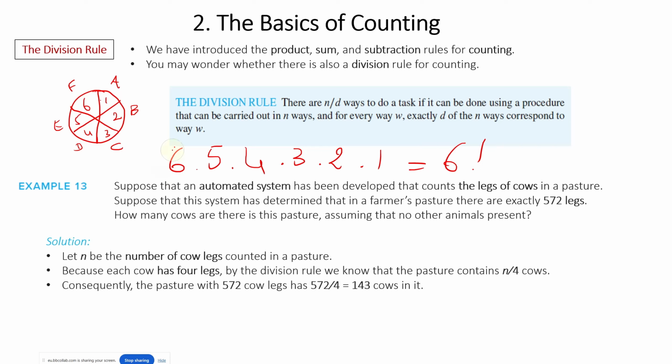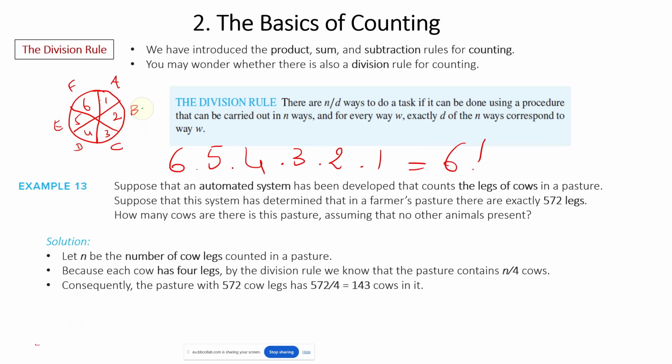But no. When I say that A has 6 possibilities, maybe you put A not here but here, and then B here. Let me try a different color.